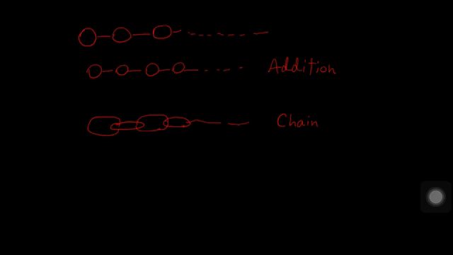And why does it behave like this? Generally, the polymer that forms in this way is from monomers with double bonds or triple bonds. In this process, it will not eliminate any small molecule like water or alcohol.